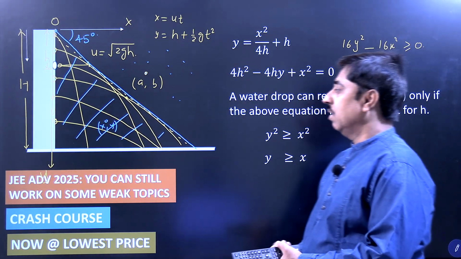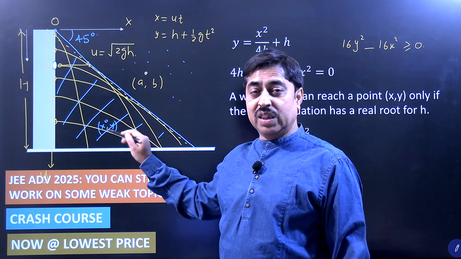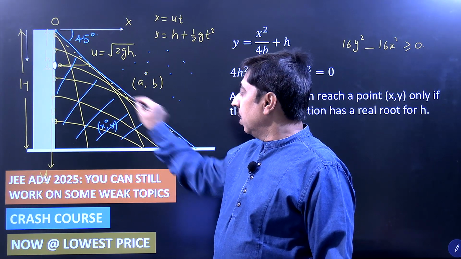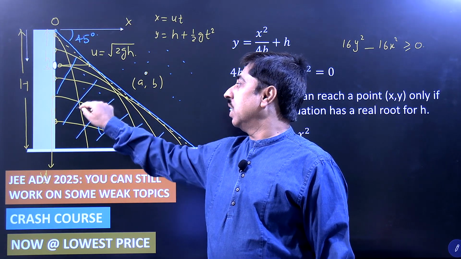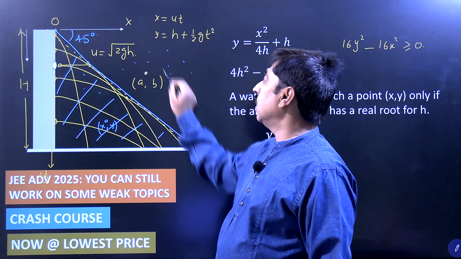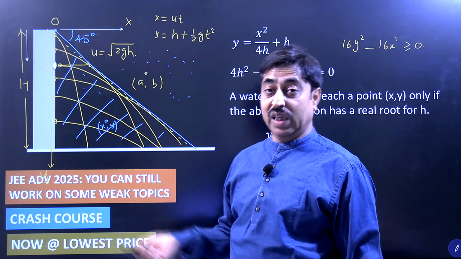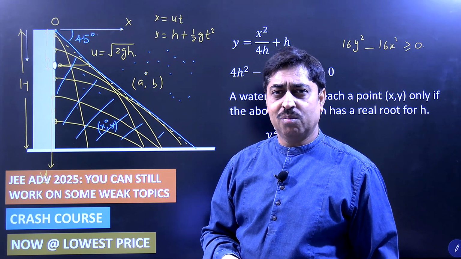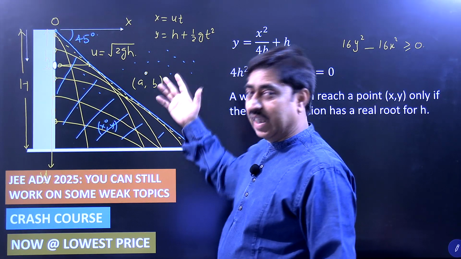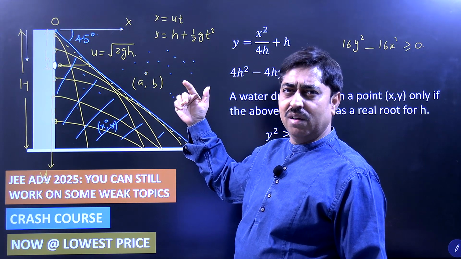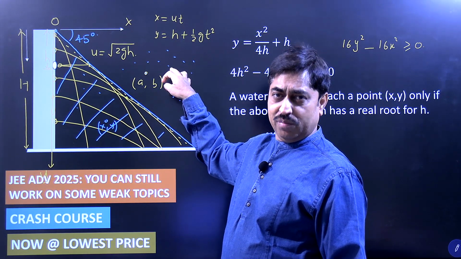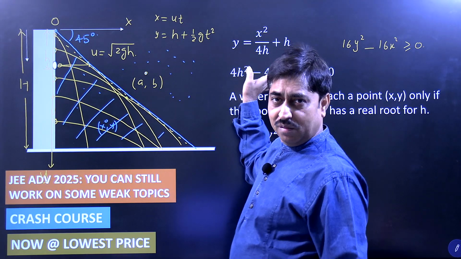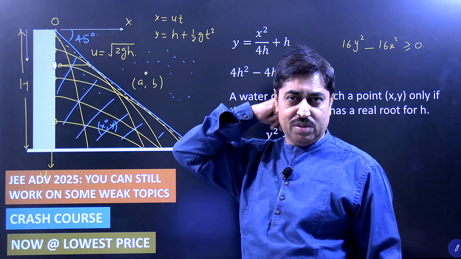It simply means that the point we are considering should be below this blue line. At all these points y is greater than x, and at all these points y is less than x. So, if y is less than x, x is greater than y, then you cannot have a water drop passing through this point. This is what we are saying for any real values of h.